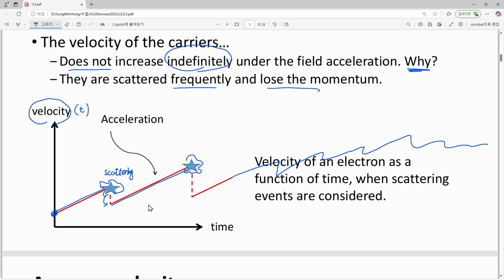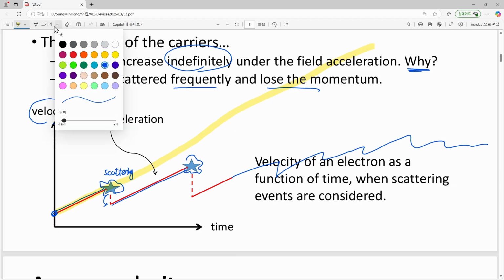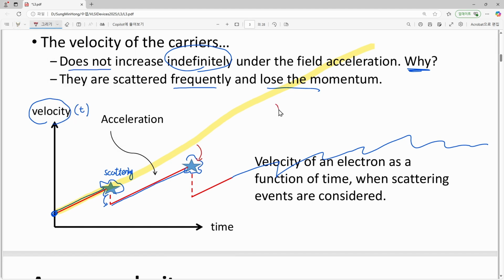If there is no scattering event, then what will happen? Certainly we will have just a straight increase of velocity. However, if quite frequent scattering events occur, then at every event the velocity is lost again and again.